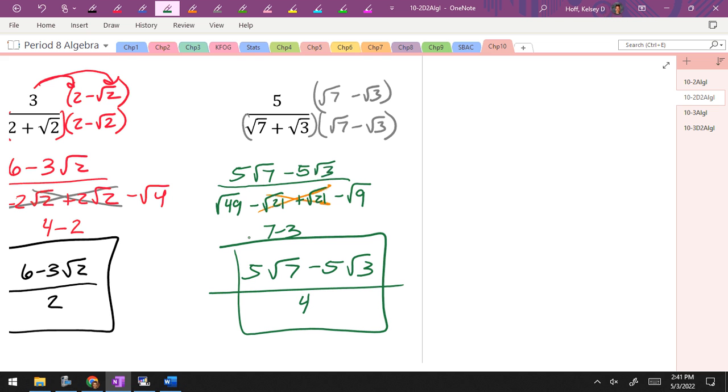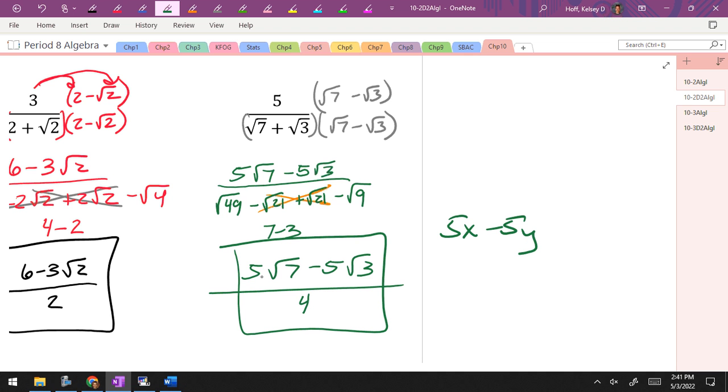Can you subtract that to make it a square root of 4 and then just put it to 2? No. That's a really good question. A square root of 7 and a square root of 3 are like two different variables, so it's really like having 5x minus 5y.